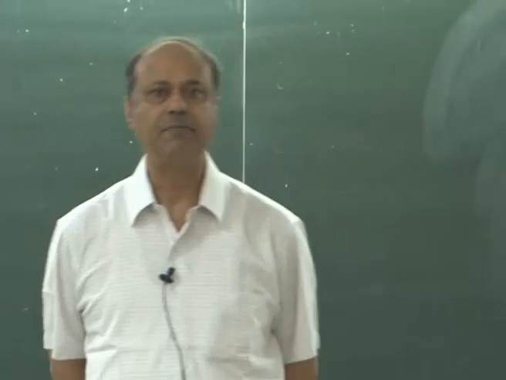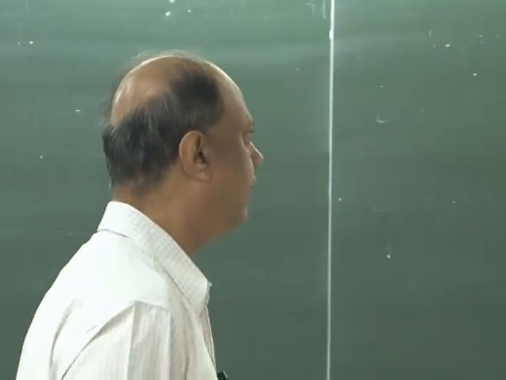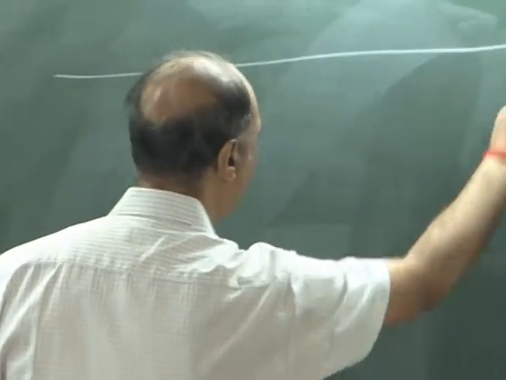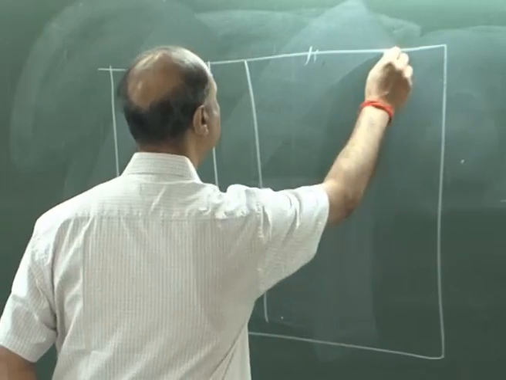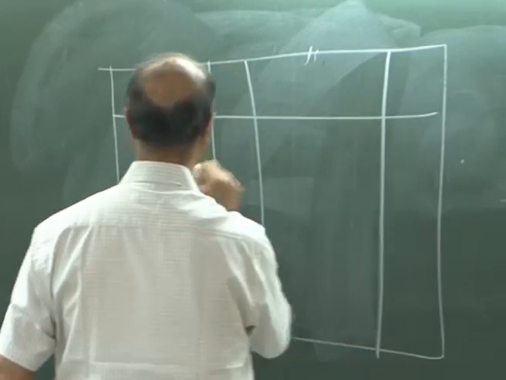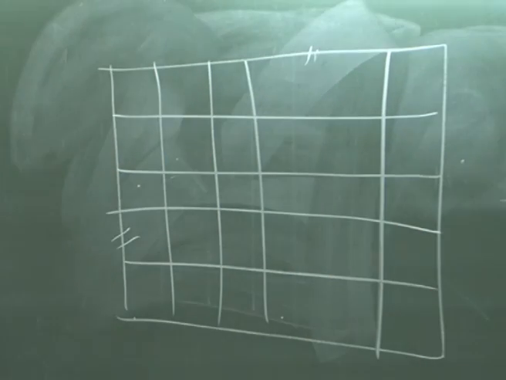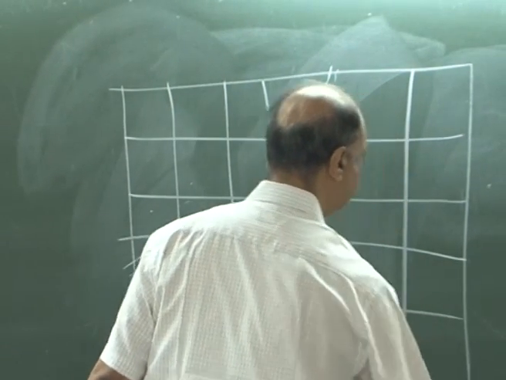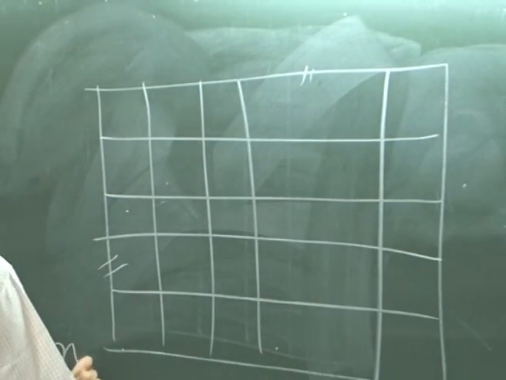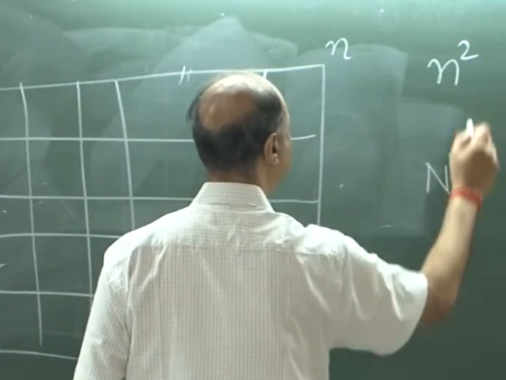Let us consider the problem of finding the summation of numbers on mesh connected computers. As you know, I have a mesh of n cross n, and suppose the number of elements I have is n square.